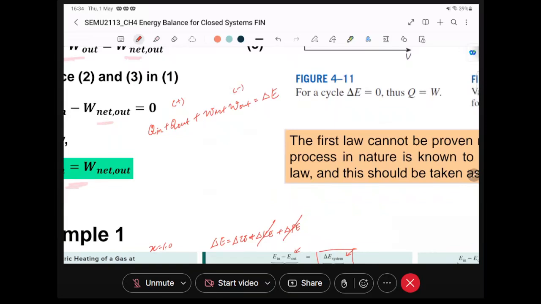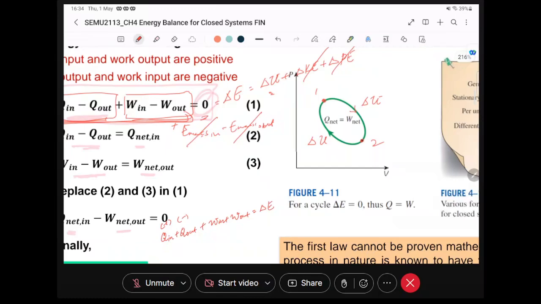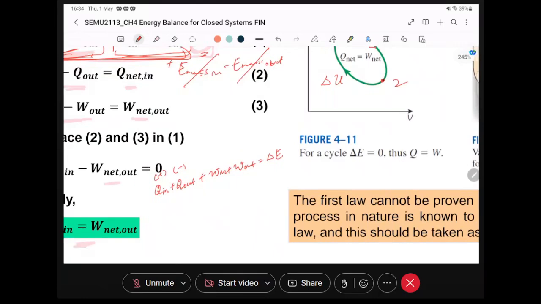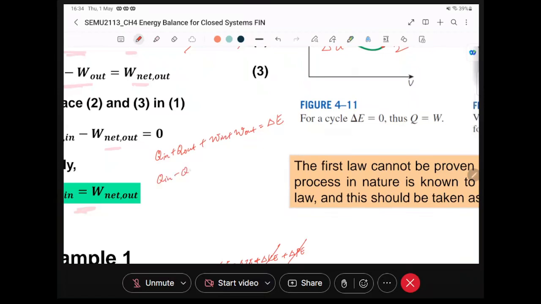So work in will be positive, out will be negative. But when they write in this way, already minus, actually, sorry, my bad. I should have said that it shouldn't need to, because this out will be negative already.